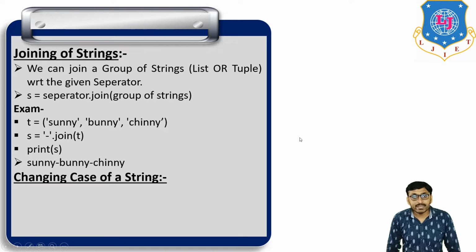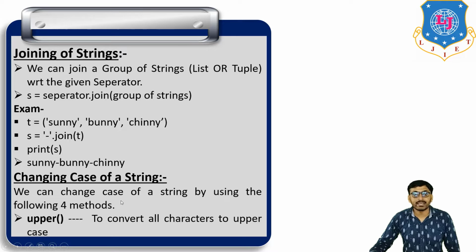Now changing case of a string. It means from lowercase to uppercase, from uppercase to lowercase. So that is changing case of a string. We can change case of a string by using the following four methods. First, the upper method converts all characters to uppercase, whether they are lower or upper.